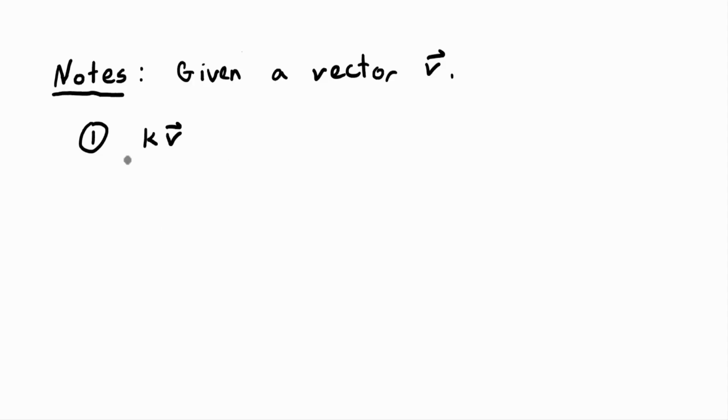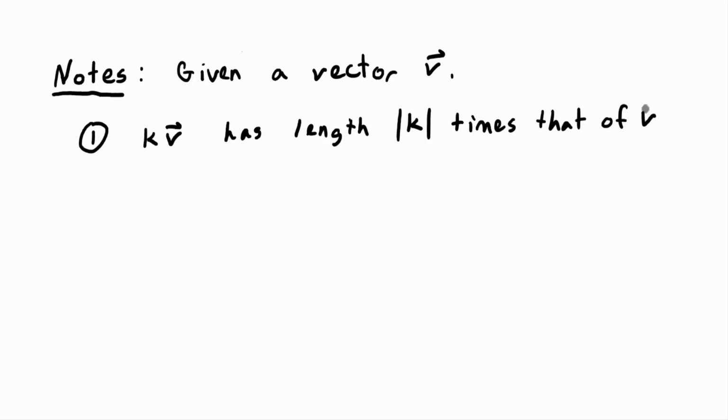So we'll make the first note that K times V has length absolute value of K times that of V. Does that sentence make sense to you? K times V has length absolute value of K times the length of V, in other words. And then we should say this.